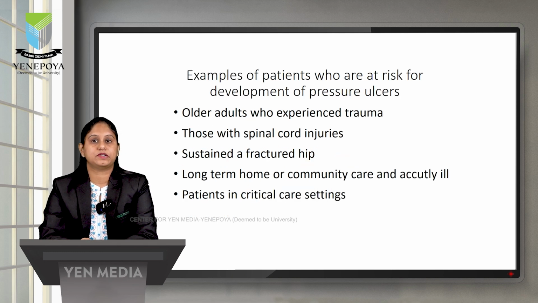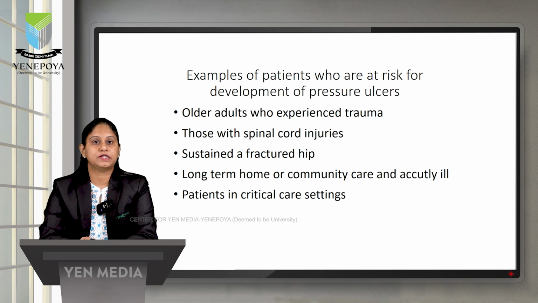Examples of patients who are at risk for development of pressure ulcers. Here, the older patients or the adults who are elderly and who experience trauma, who are confined to bed, unable to mobilize their extremities, have a high risk of development of pressure sores.